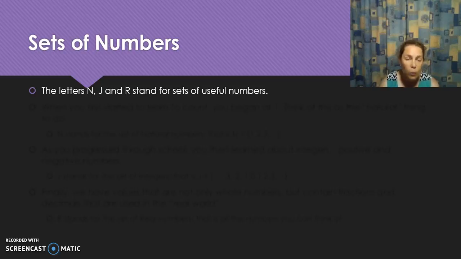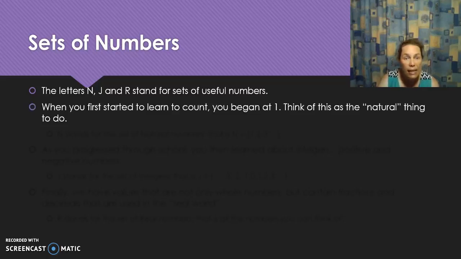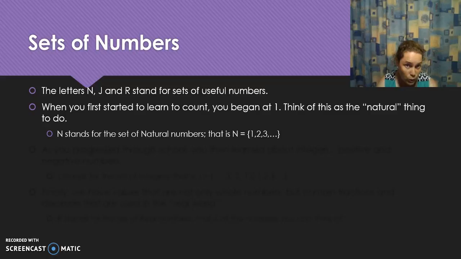Now, think back to when you first started to learn to count. You began at 1 and you went 1, 2, 3. So we started to call those counting numbers. Think of this as the natural thing to do because we start at 1 and we go from there. So N stands for the set of natural numbers. That is counting numbers. So 1, 2, 3. The ones that it just seems natural to use.